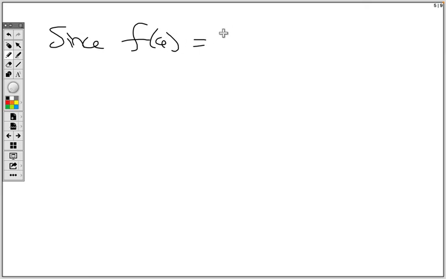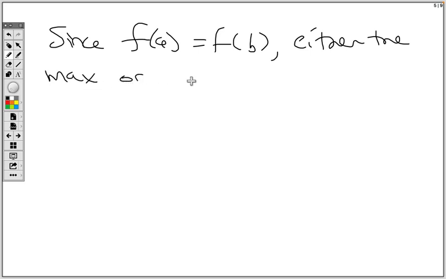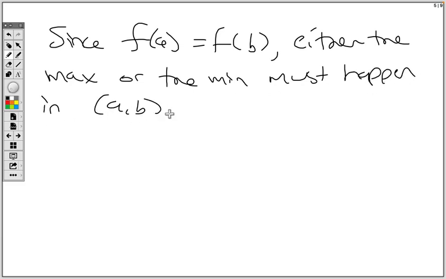Since f(a) and f(b) are the same, one of those things, either the max or the min, must happen in the open interval (a,b), somewhere in between, because the function values at the endpoints are the same and the function isn't constant.